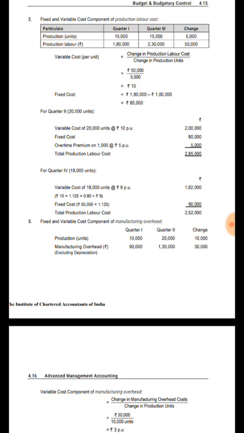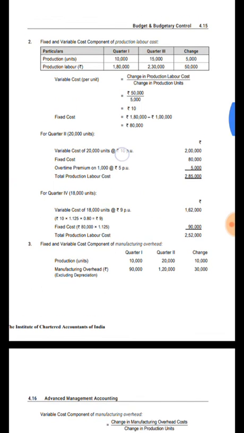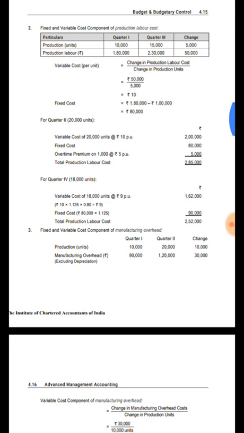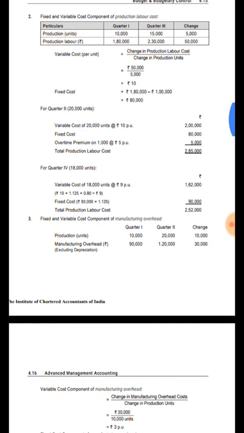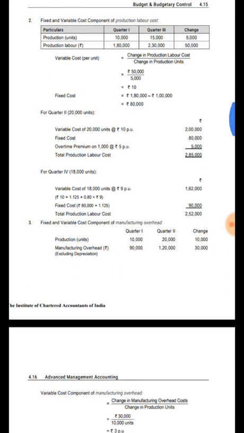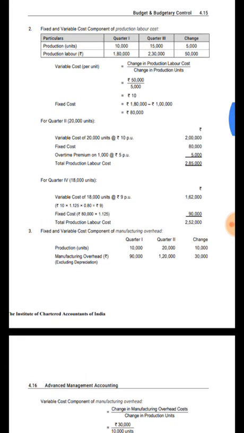With the learning curve effect of 80%, it becomes 8 rupees, but that 8 rupees has increased by 12.5%, that is 1.125 times, so you will find 9 rupees. So 9 rupees into 18,000 gives 1,62,000.